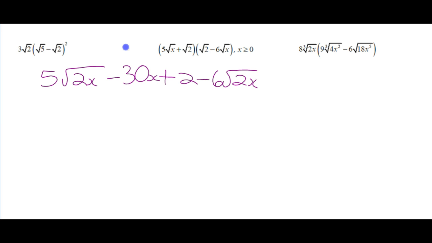No. Okay, so what do we got? We've got negative 1. So the only thing we have that's positive is the 2. So let's go 2 minus 1, actually, sorry, minus 1, so I don't need a 1, minus root 2x minus 30x.